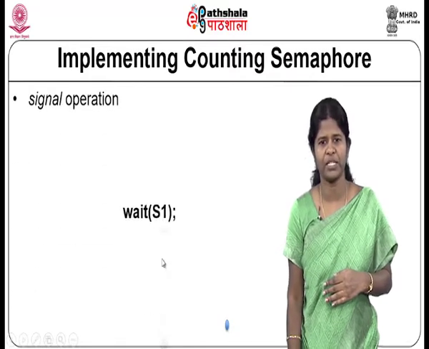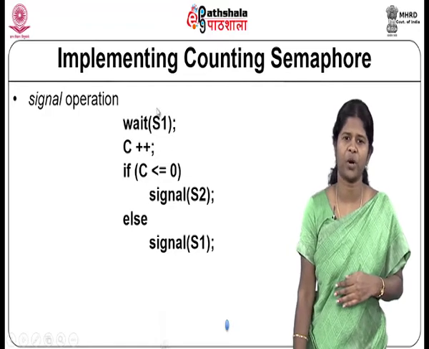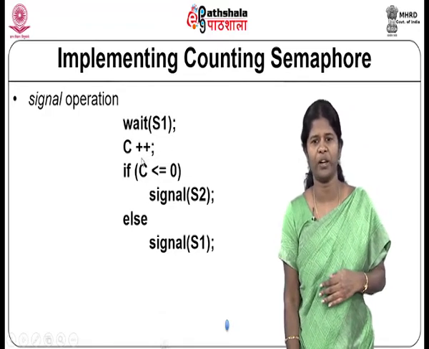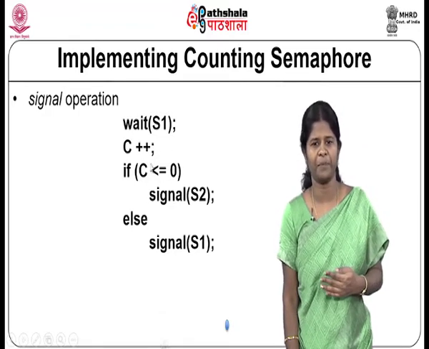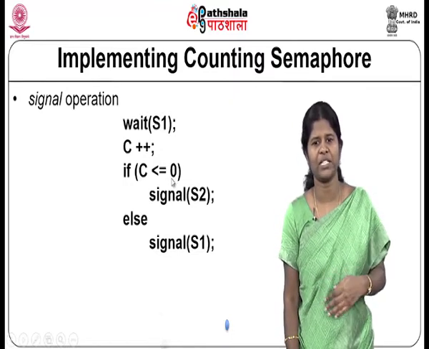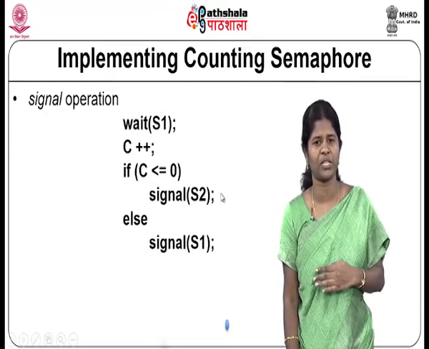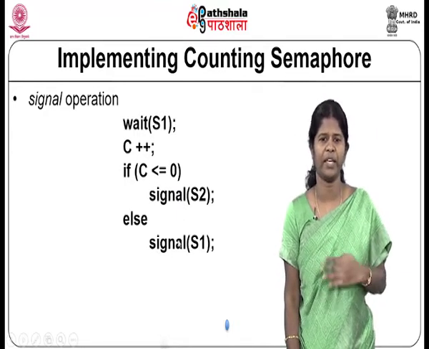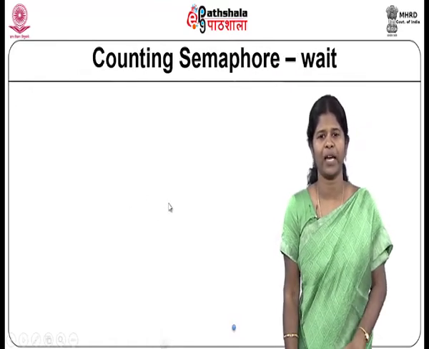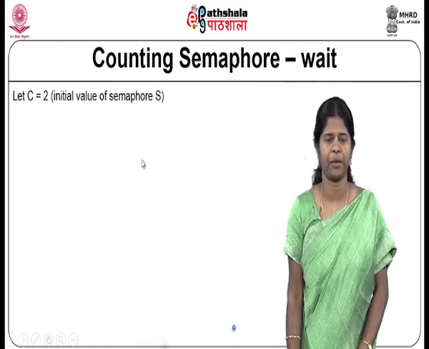If you look at the signal operation, it will wait on the binary semaphore S1, increment the value of C, and check if the value of C is still less than or equal to 0. If it is, it will signal the S2 semaphore on which other processes are waiting, else it will signal the S1 semaphore. So we will see how this counting semaphore is implemented with an example.